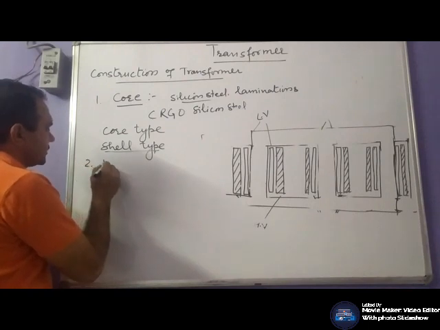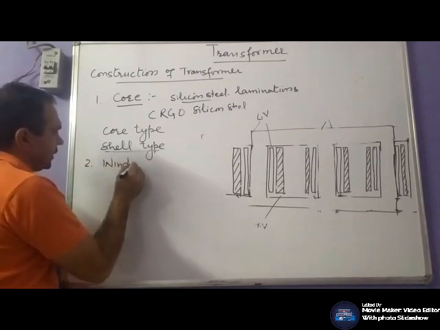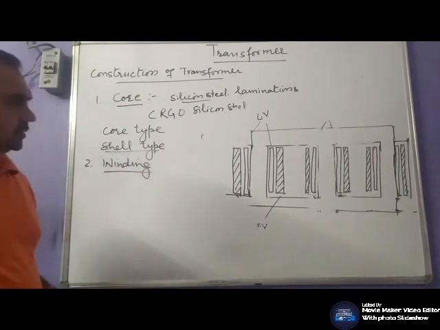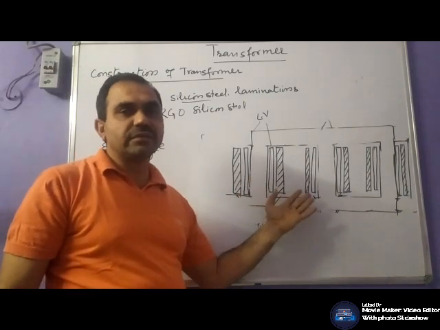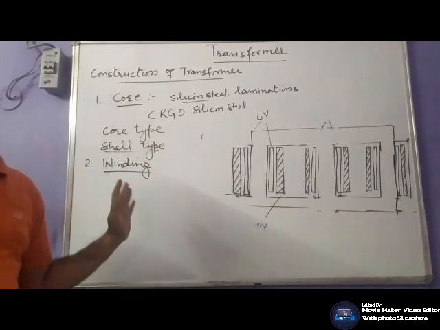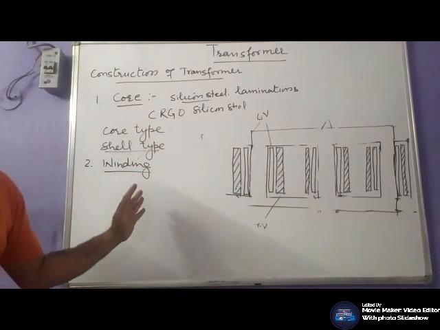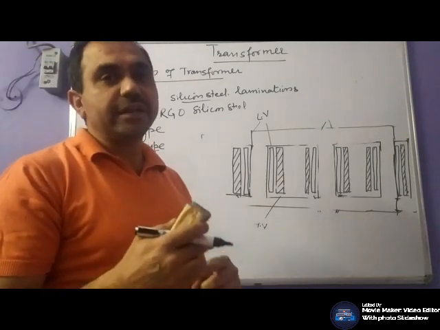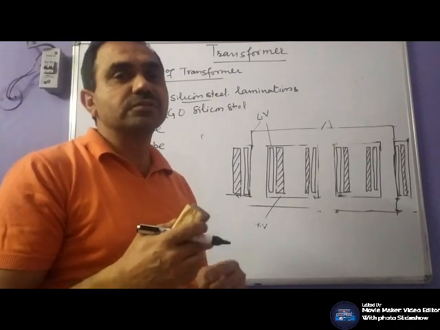Second part is winding. We have a low voltage winding as well as a high voltage winding, generally made of copper or aluminum. These windings are varnished or covered with a certain insulating material.